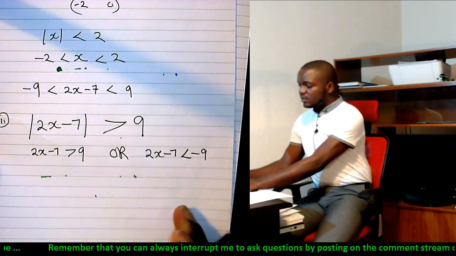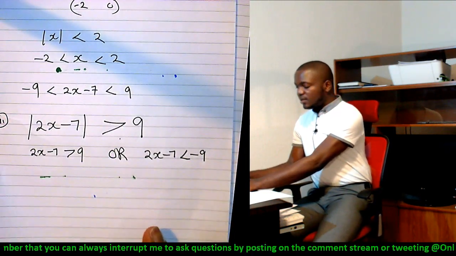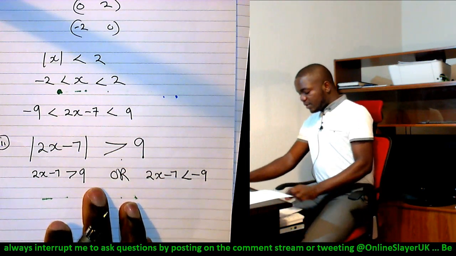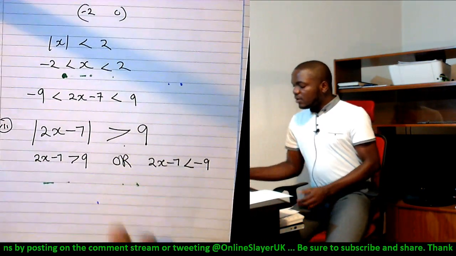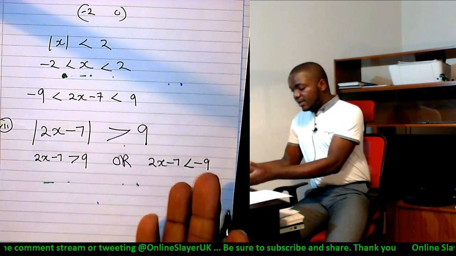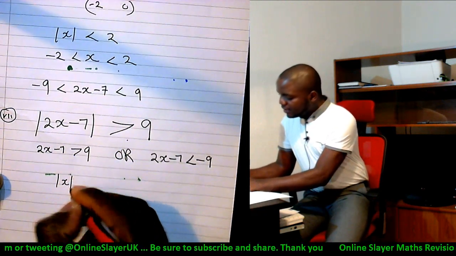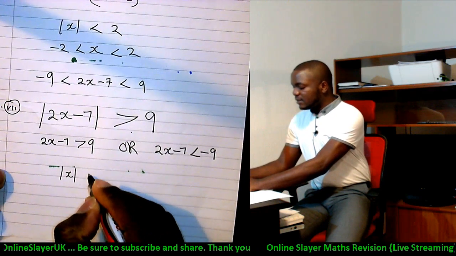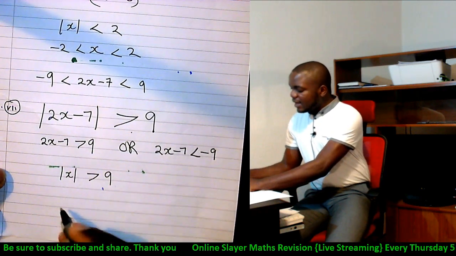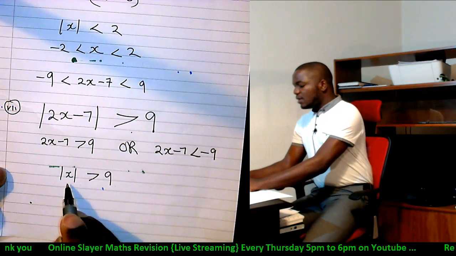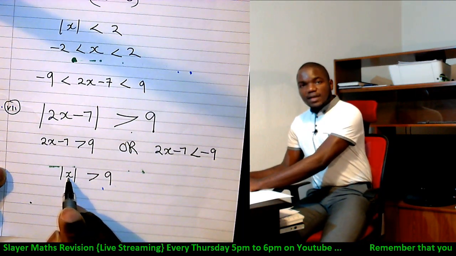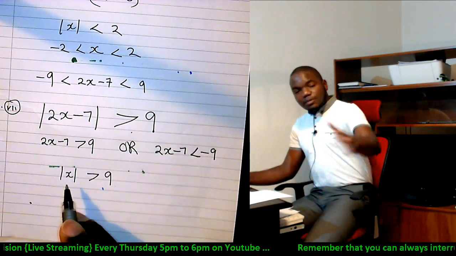Do you see the relationship between this and that? This one looks like the other problem we solved where we had an or case. Why should we agree with this? If I say that the absolute value of an x term should be greater than 9, what I'm telling you is that the distance between 0 and whatever x is, whether positive or negative, should be more than 9.